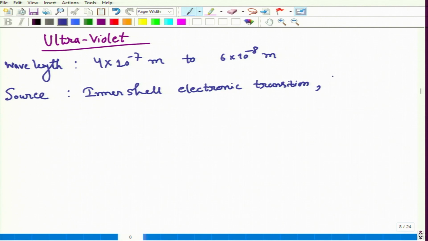Or also the sun. Rays from the sun are also the main source of UV rays.